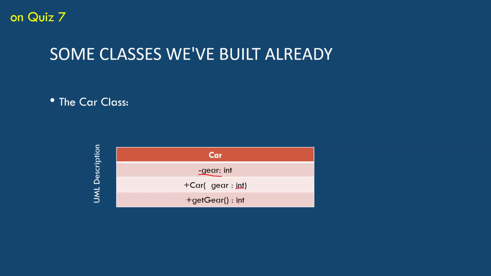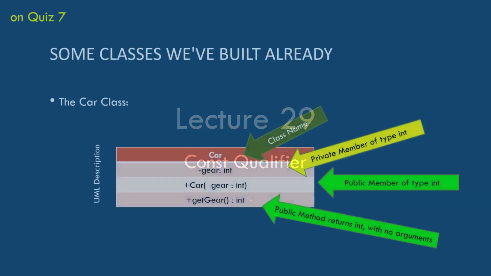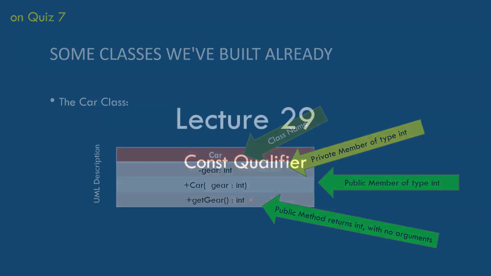And this is what type that is. And this is what it returns. Notice it's outside of the parentheses, okay? What does that return? It returns an integer, okay? So those are all of our key pieces. Just kind of a convention or another language used to describe a class, okay?